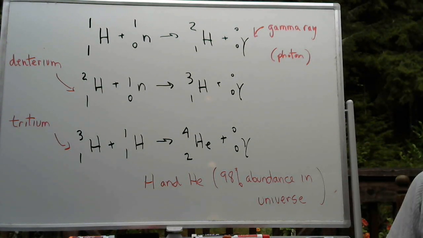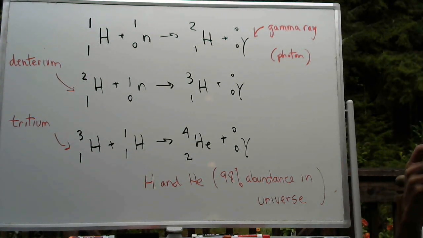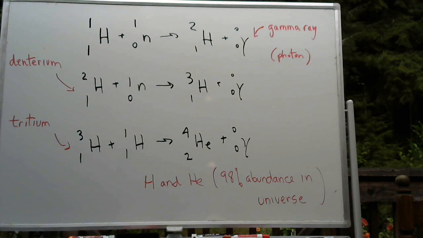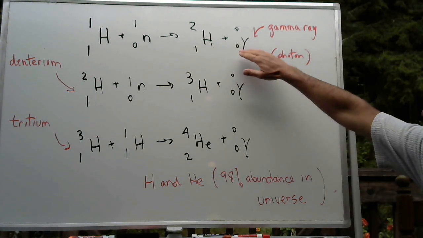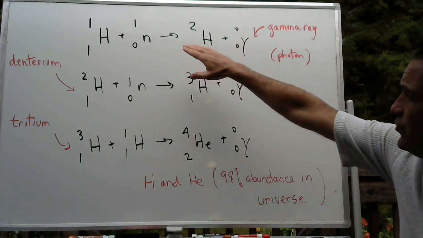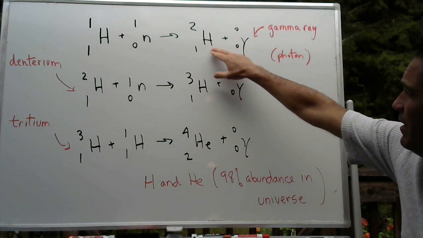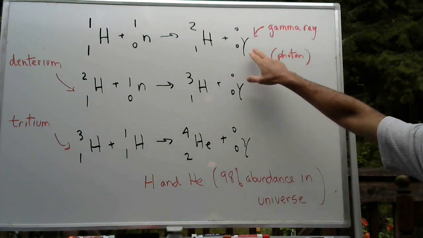And so, at this time, under these conditions at a billion degrees Kelvin, we actually start to get reactions where fusion is occurring. So fusion is just where smaller particles come together and make heavier particles. So the first reaction is an example of a neutron and a proton coming together to make deuterium and a gamma ray.